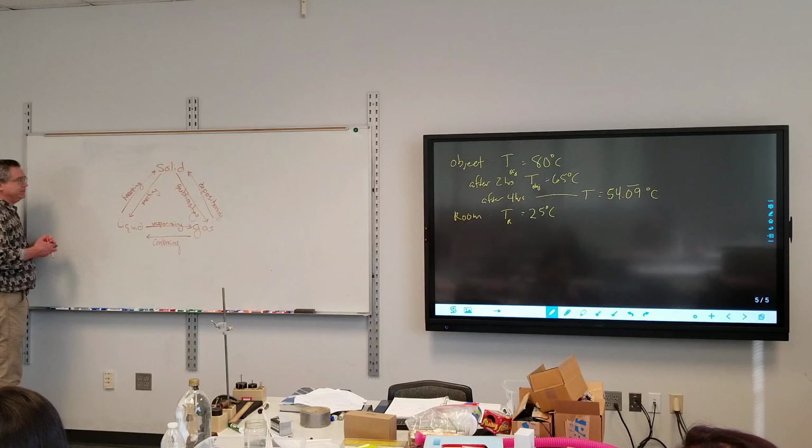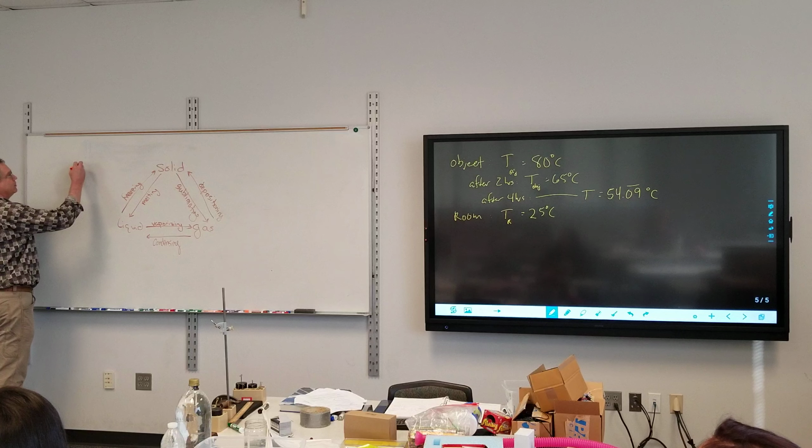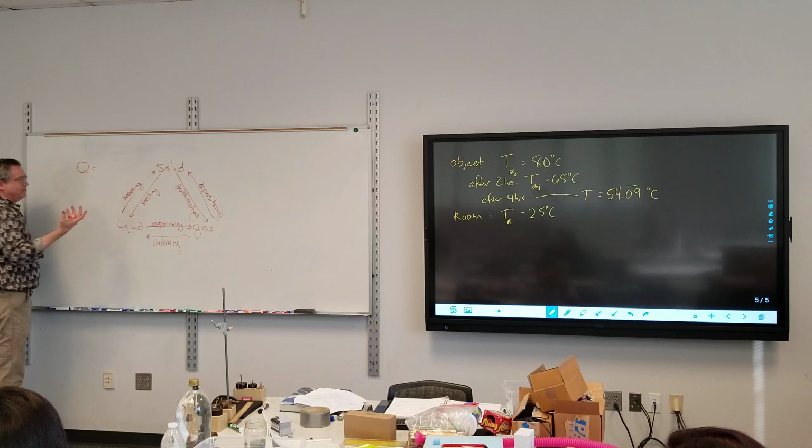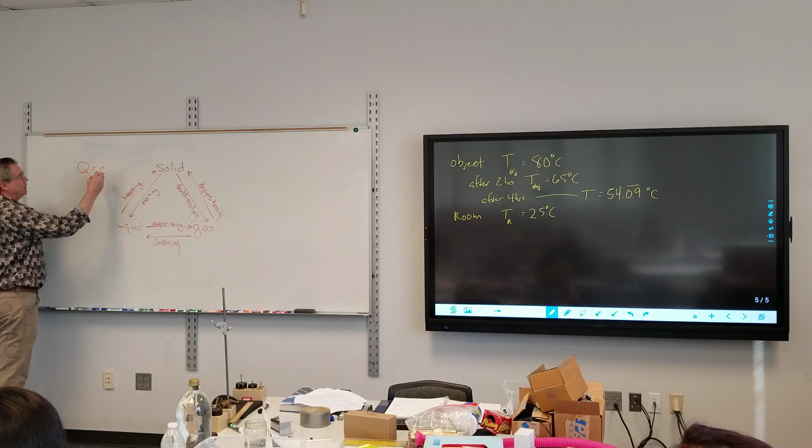But here, the amount of energy that's required is material specific, and it depends upon the mass. So it's basically like MC.